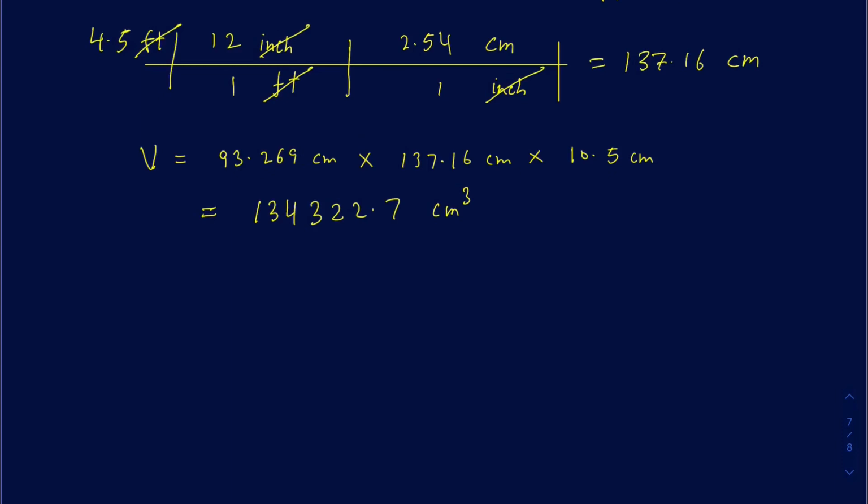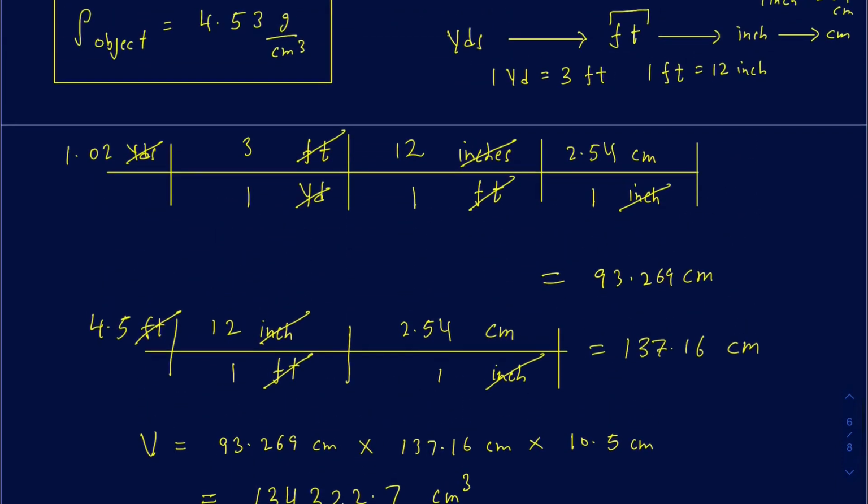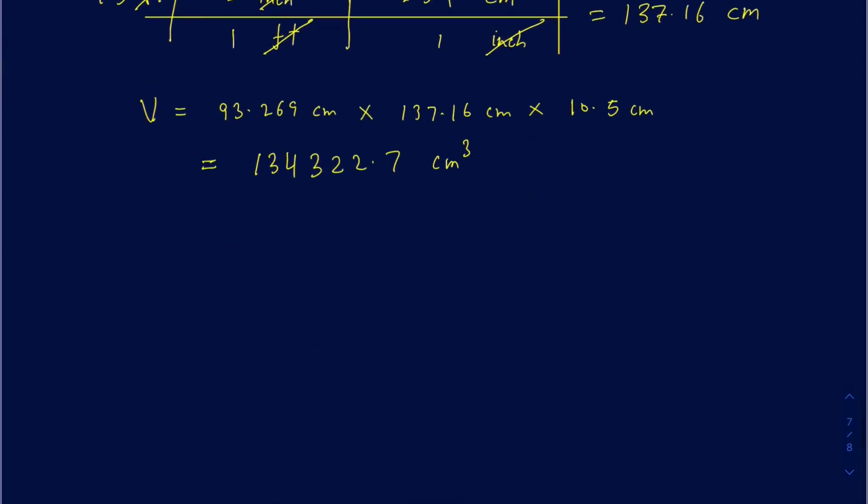Okay, so we know the volume now, and we already know the density. So the density, if we go back here, the density was 4.53 grams over centimeters cubed as your density, and that's going to be equal to the mass divided by the volume, which we just calculated to be 134,322.7 centimeters cubed.